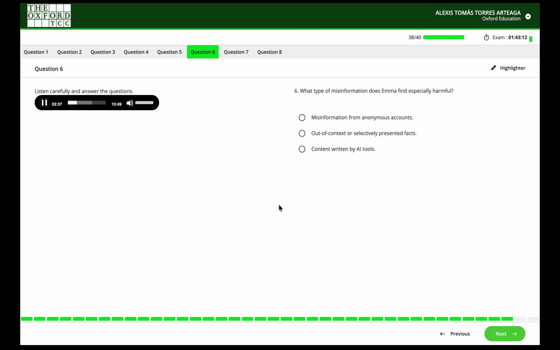This can distort the public's perception of political issues, reducing complex debates to polarizing oversimplifications. Exactly. Social media platforms haven't yet figured out how to properly regulate the spread of false information. That's leading to confusion and division among voters.